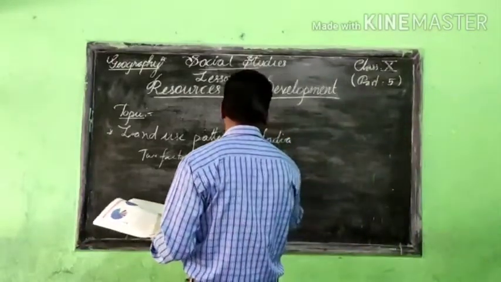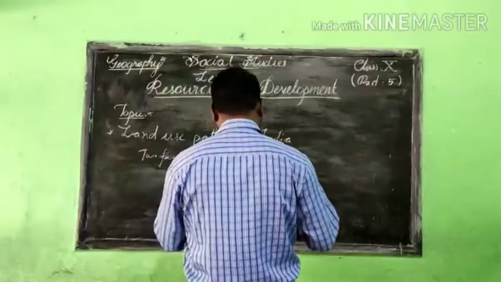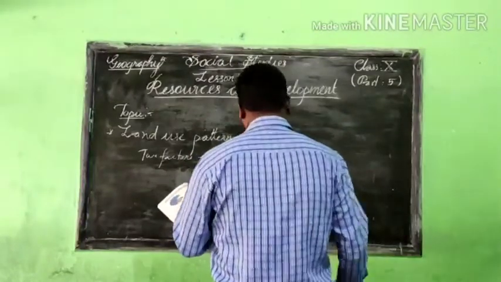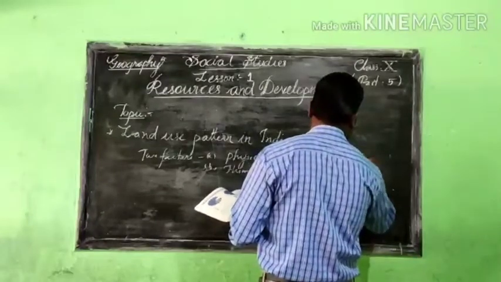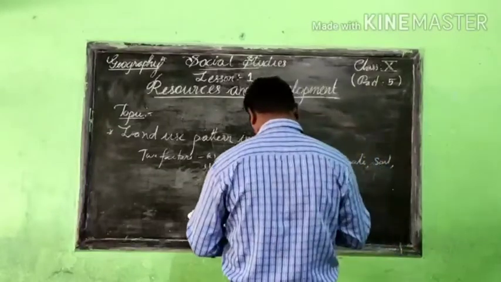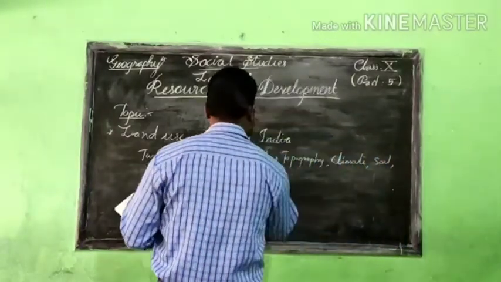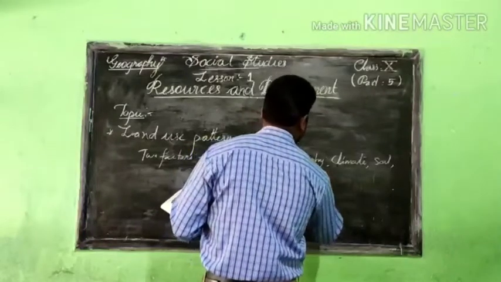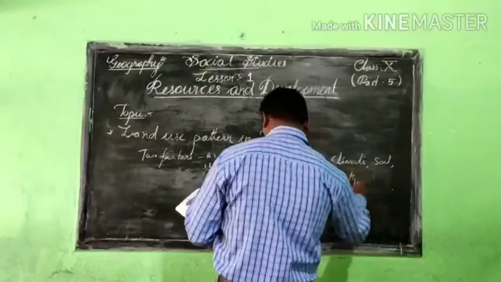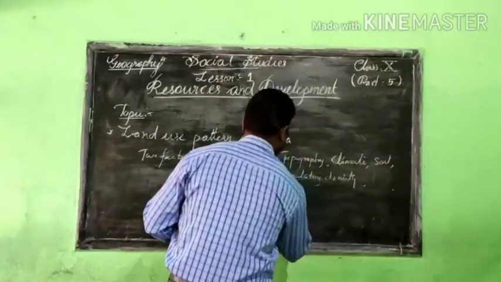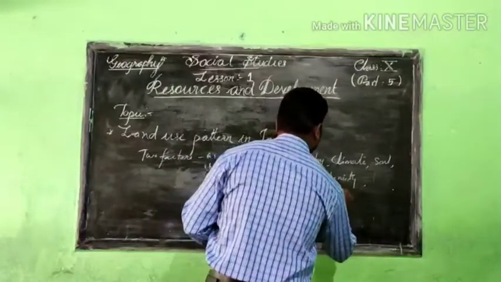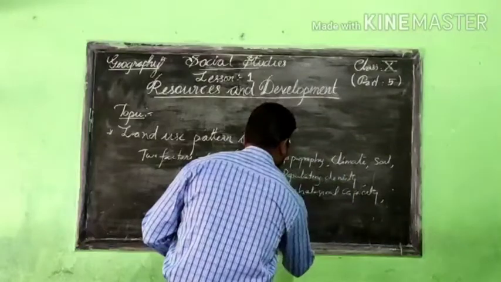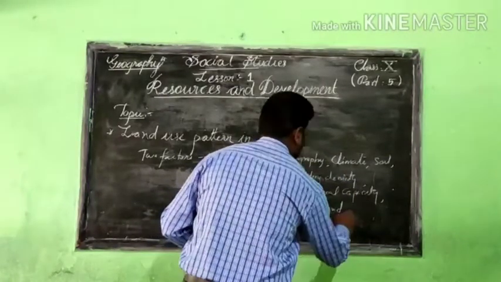Under the physical factors we can understand topography, climate, soil, and as the human factors, population density, technological capacity, and culture and tradition.